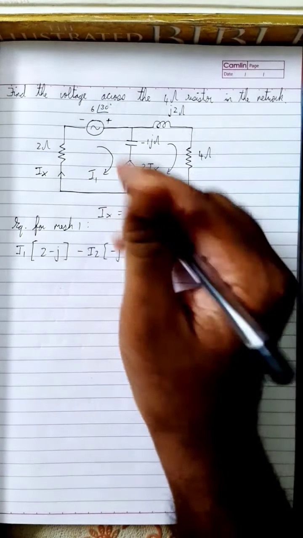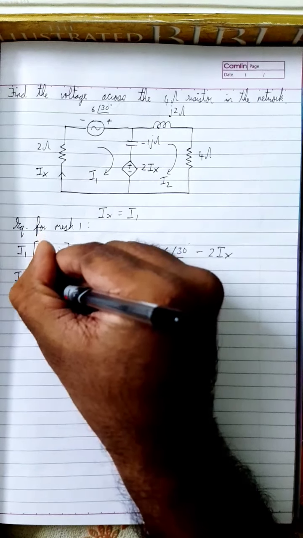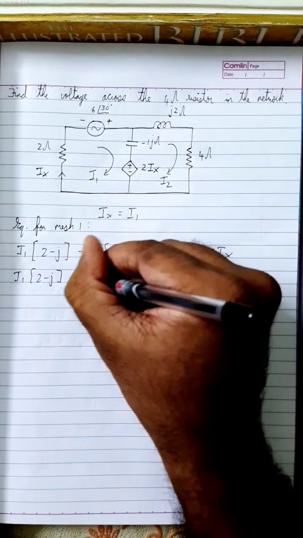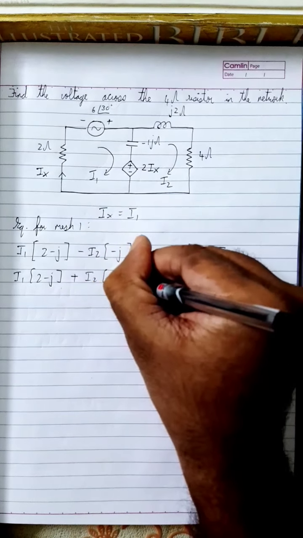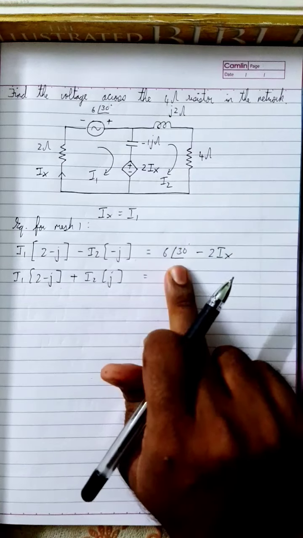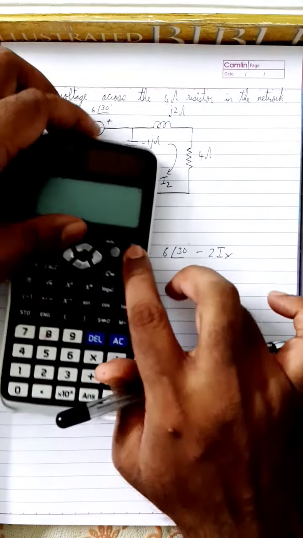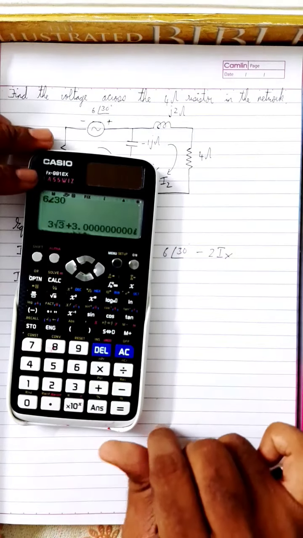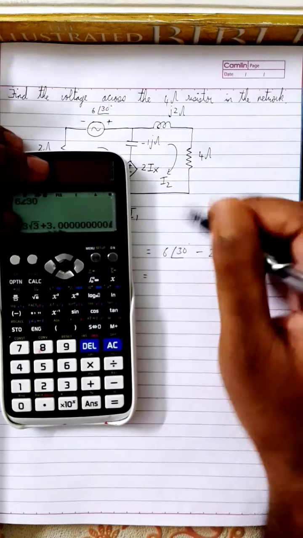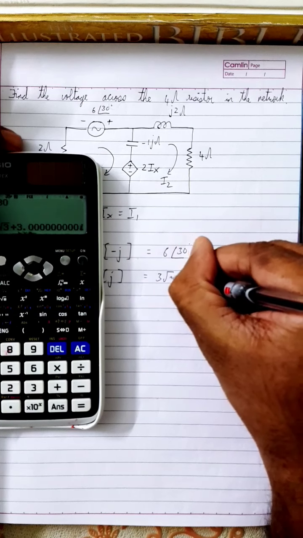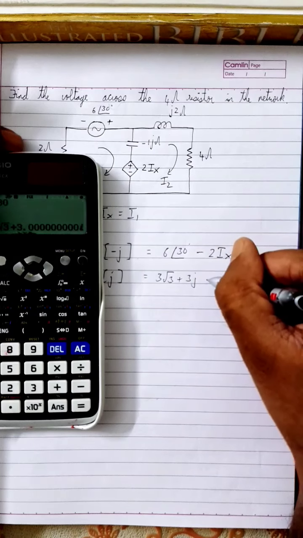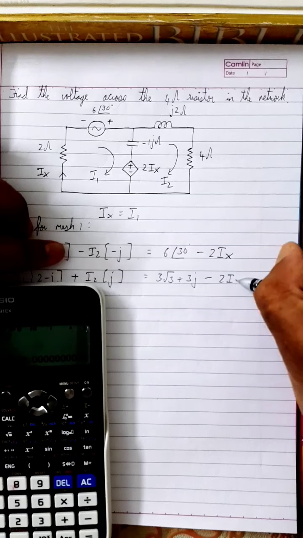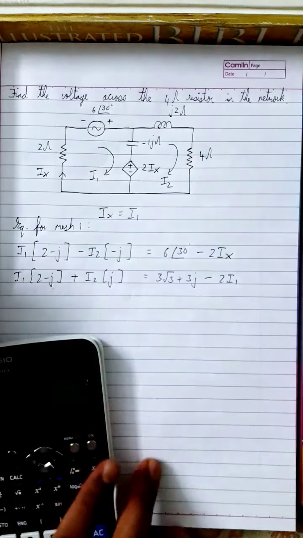The equation becomes simpler: I1 into 2 minus j, minus, and here minus is plus, so no need to write minus again, plus I2 into j, is equal to, what is 6 angle 30? 6 angle 30 in rectangular form is 3 root 3 plus 3j, minus, and what is ix? We already know that ix is I1, so minus 2 I1.